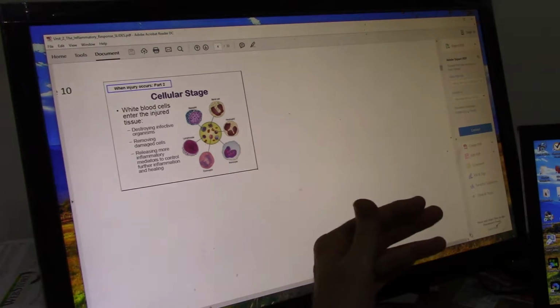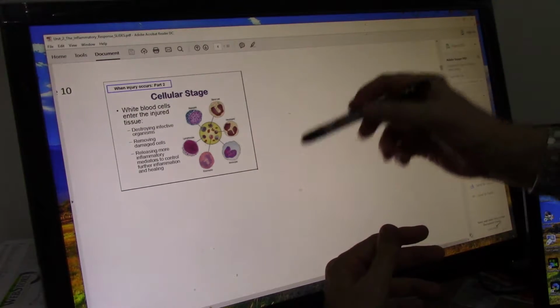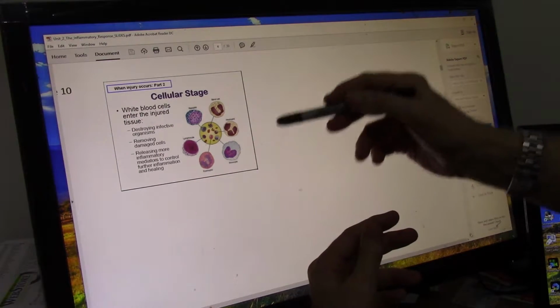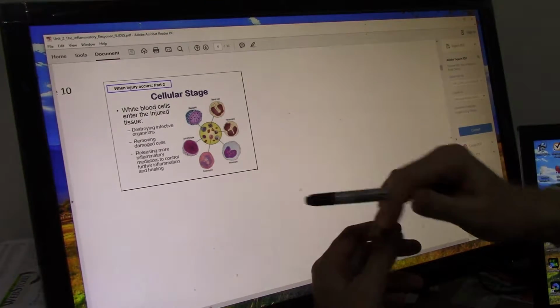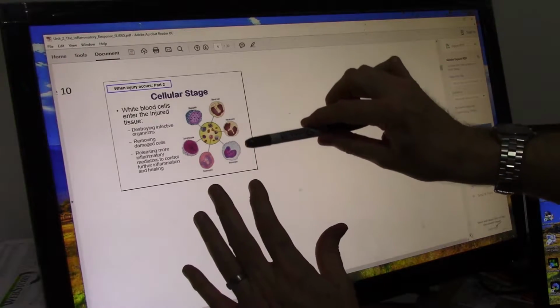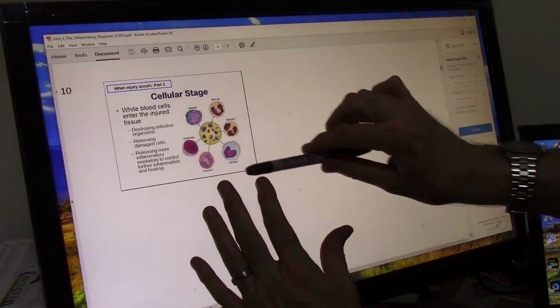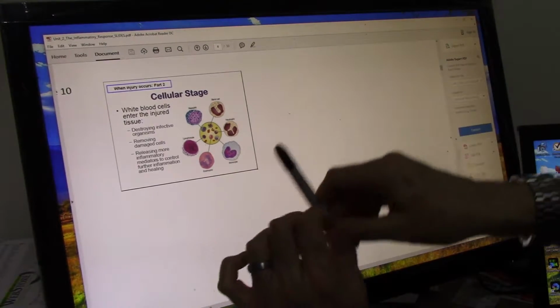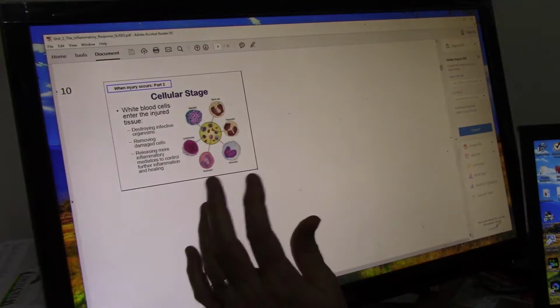And on a lab report, you will see neutrophils will be abbreviated NE, monocytes or macrophages will be abbreviated MO, eosinophils will be EO. Okay, and of course, all of those will be involved in, and these are what are known as leukocytes or white blood cells. And then you have lymphocytes, which we'll talk about what they are in a moment.